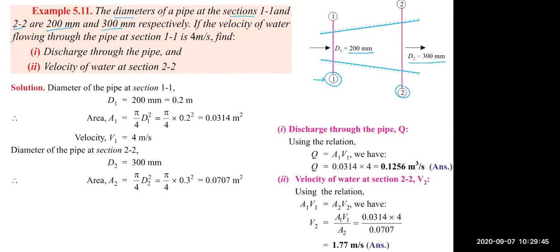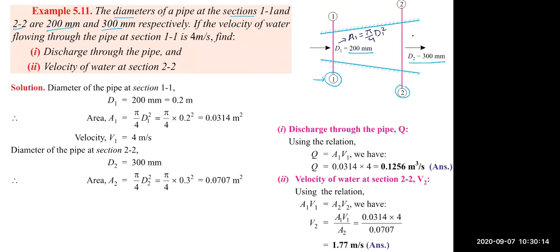So if anywhere you see the diameter is given, can you calculate its area? If the diameter is given, then you can easily calculate the area. If D1 is given, then the area A1 will be equal to pi by 4 into D1 square.